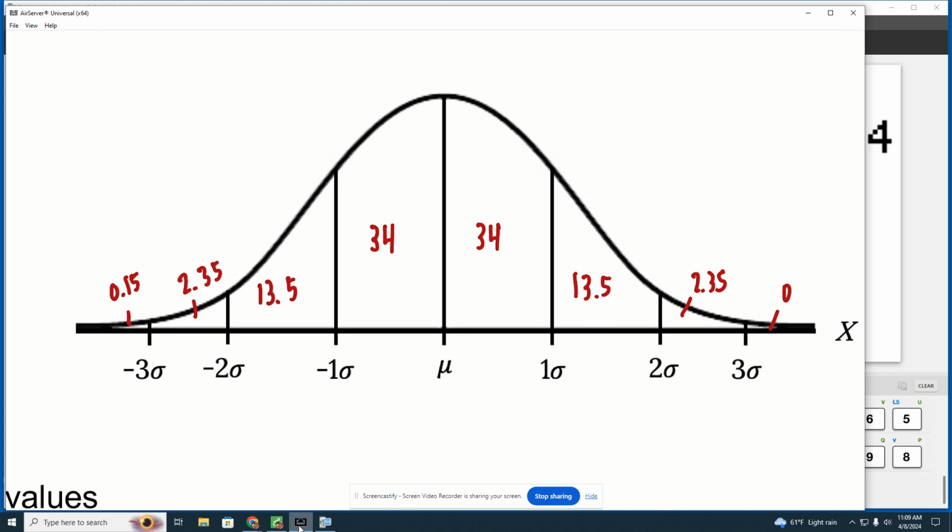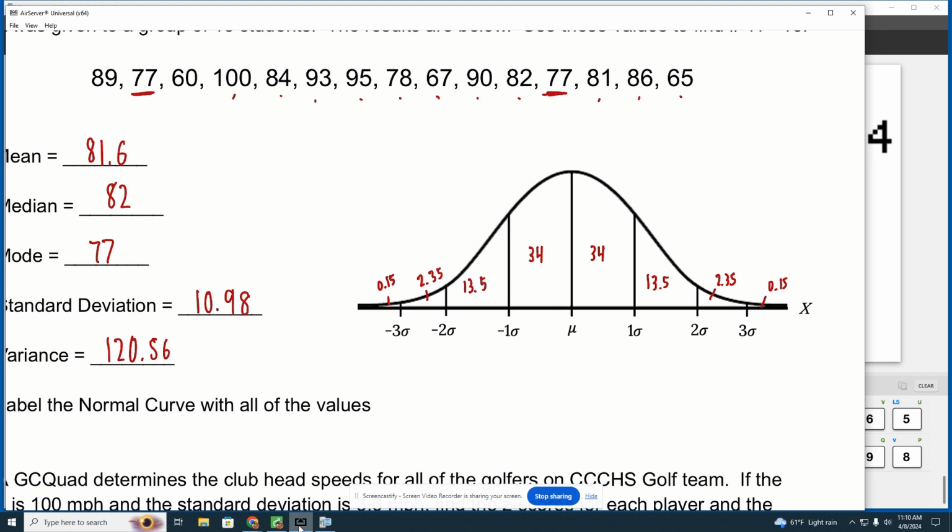Also, if we do this tomorrow from this data, what goes smack dab in the middle? 81.6, your mean. Now listen, because we're not going to add and subtract 10.98, I promise you we'll do the same thing tomorrow. We're going to use the rounded version of that 10.98, which is what? 11. So let's subtract and add 11.